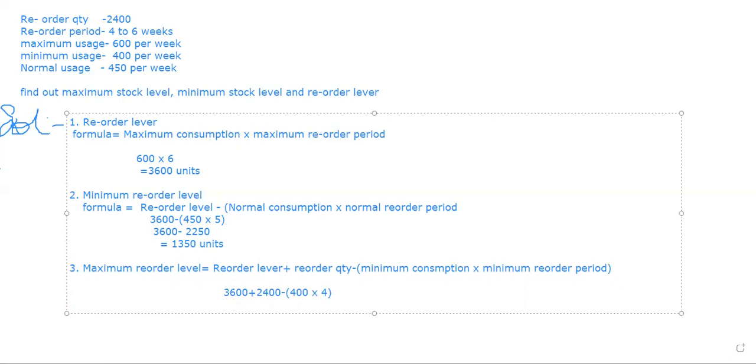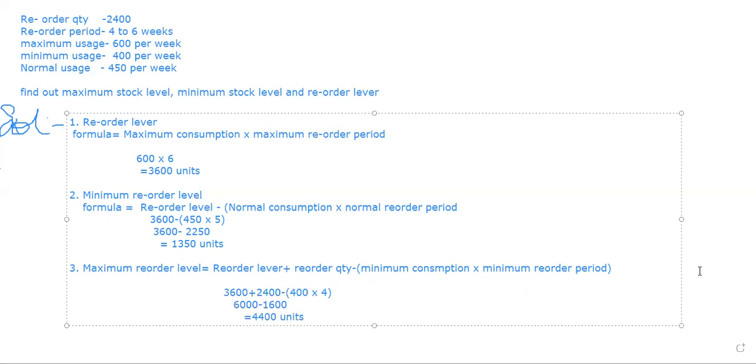It is going to be 6000. Total 6000 minus 4 4s are 16, so 1600. So therefore, my answer is going to be 4400. So this is it, the first method.